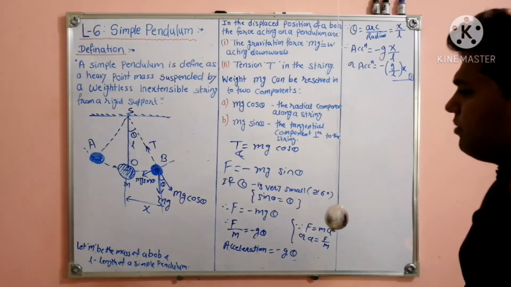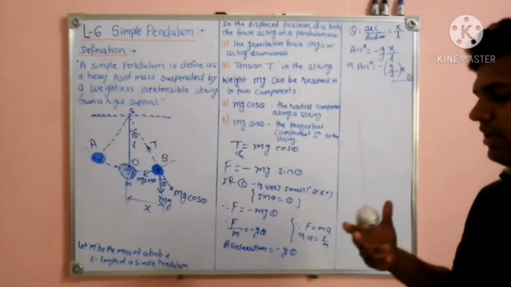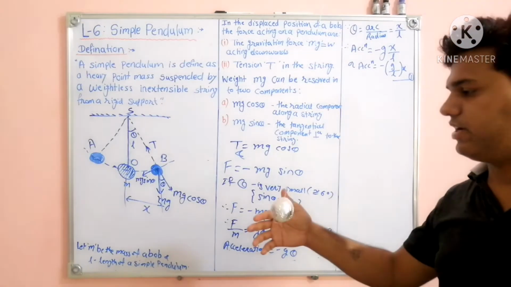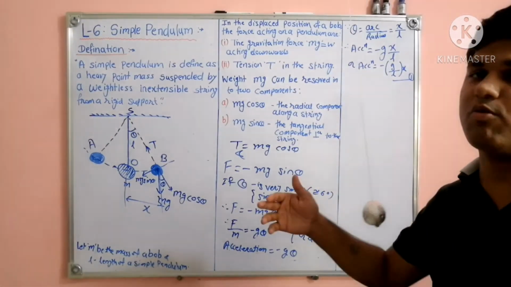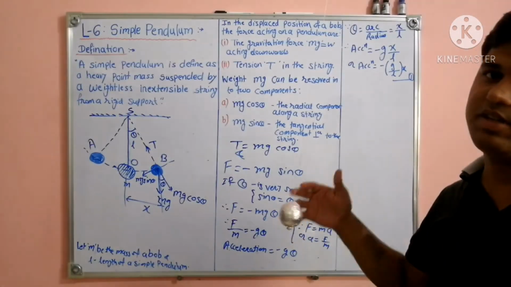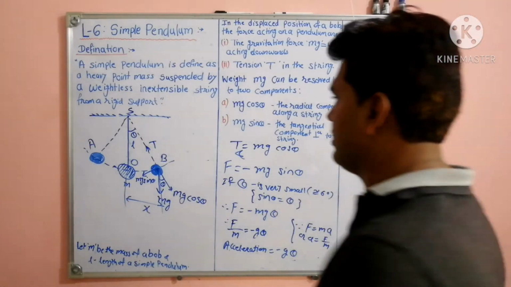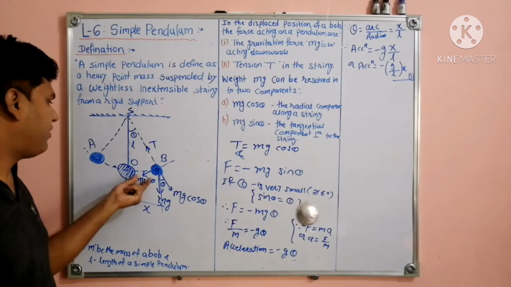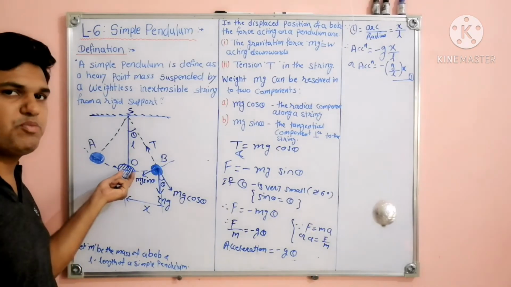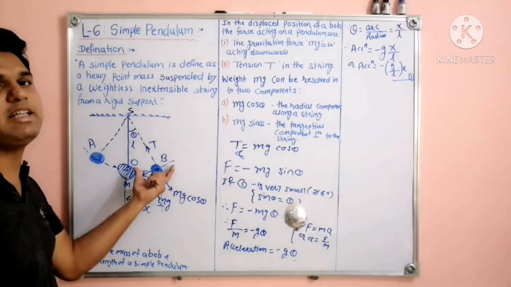Now this is a pendulum. When we displace it, it performs an oscillation, that is, a to and fro motion along its mean position. So it is nothing but a simple harmonic motion. See here in this diagram, this is the original mean position O. We can displace this bob to position B and then release.